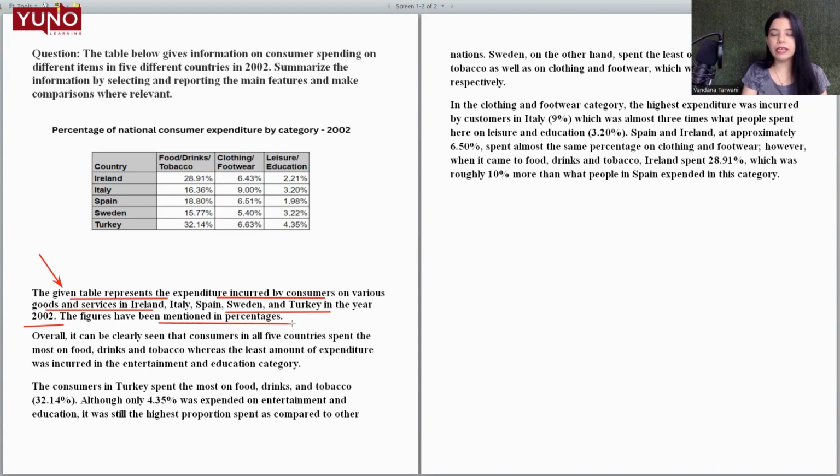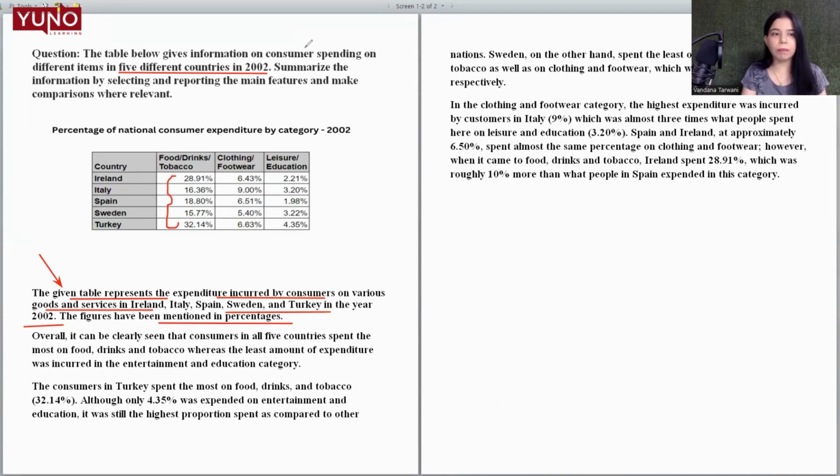This is a technique you can use for paraphrasing: in the question they talked about 5 different countries, whereas in paraphrasing we have broken those down and mentioned the names of those 5 places. In the second sentence, we have mentioned the units, that the figures given in this table are percentages.